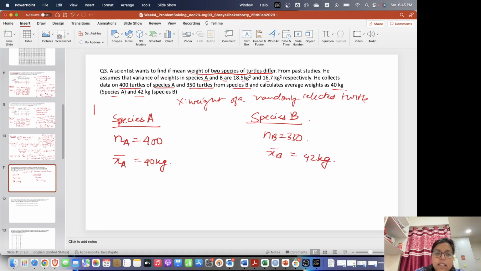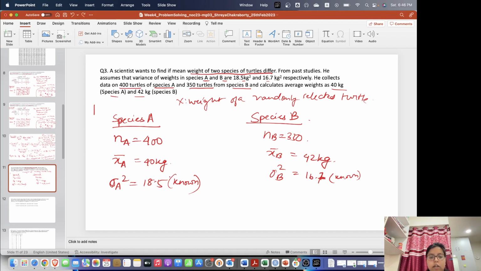From previous studies, it is assumed that the variances of weights of species A and species B are 18.5 and 16.7. So sigma A square is 18.5, which is known, and sigma B square is 16.7, which is also known from beforehand based on some population data.